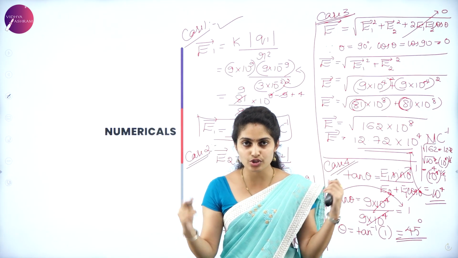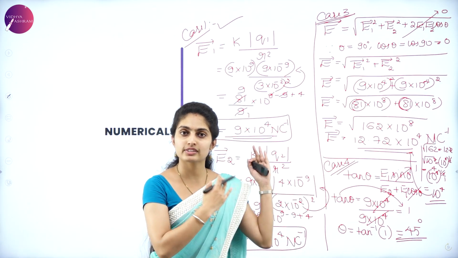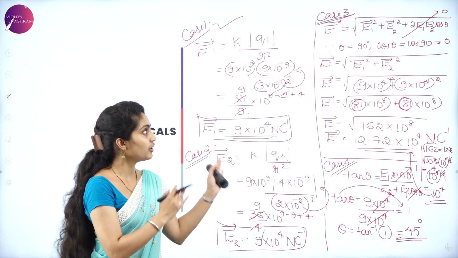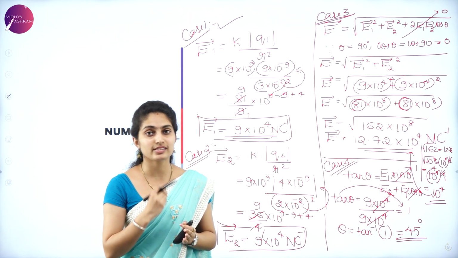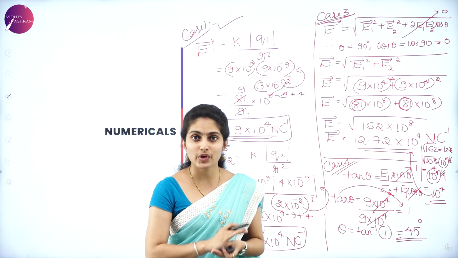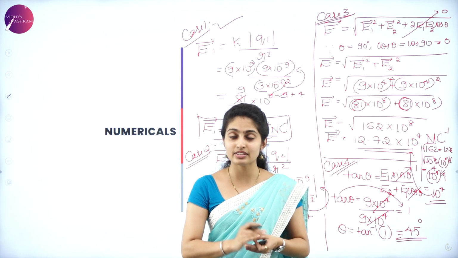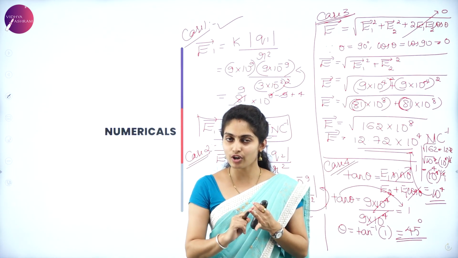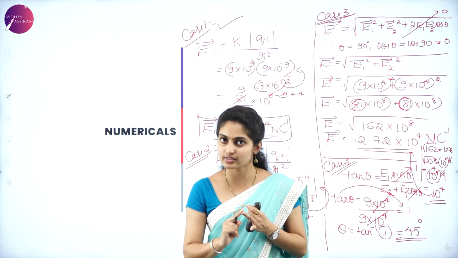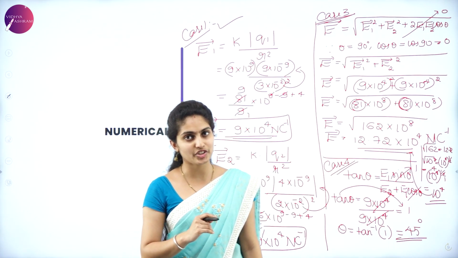All the set of solution for question number 4 is given in one single slide over here, so it's very easy for you to understand. The instruction in the question paper clearly says a direct answer without solving does not carry any marks. Got it? So that is all about question number 4.